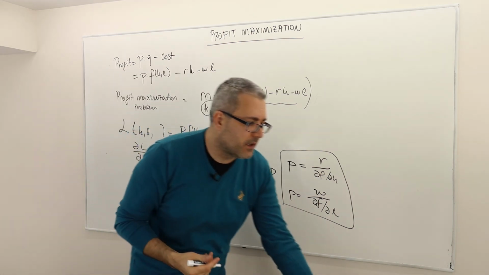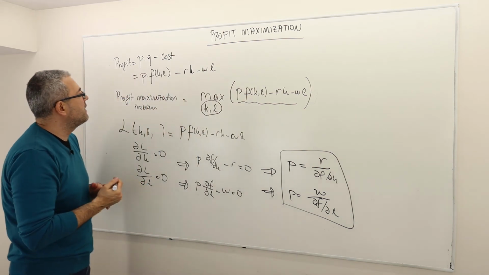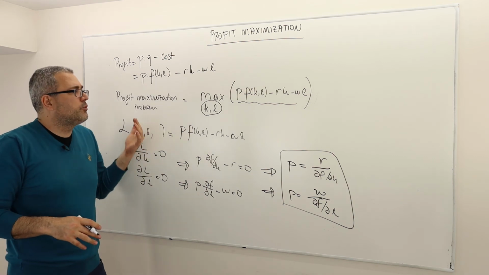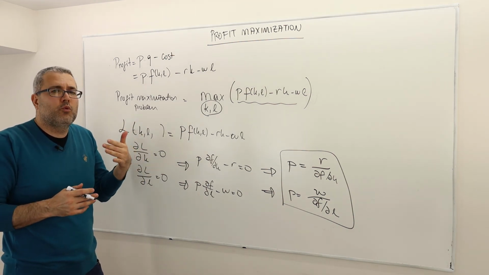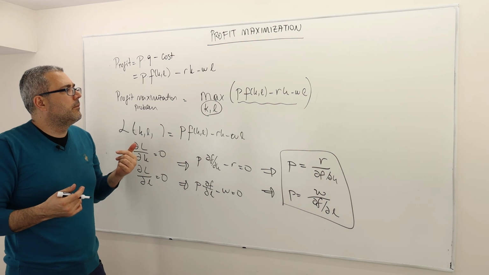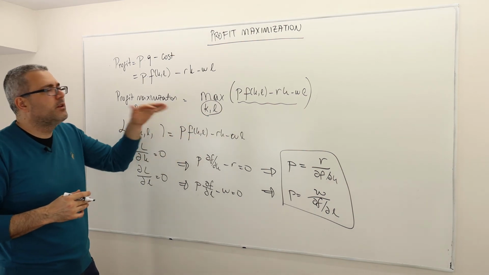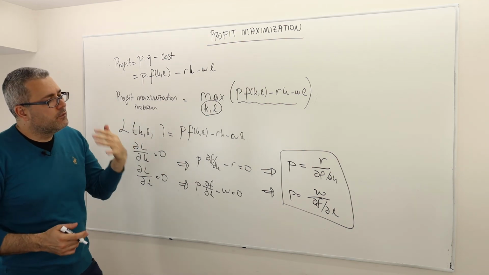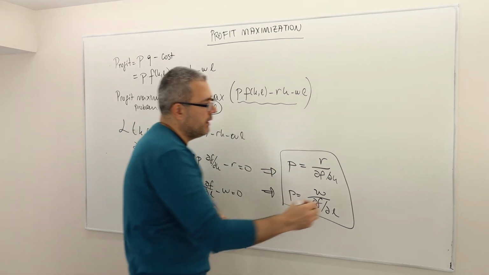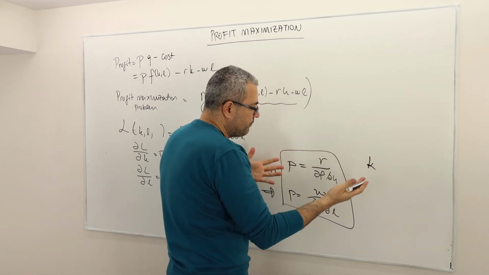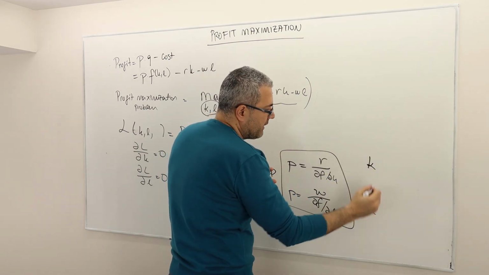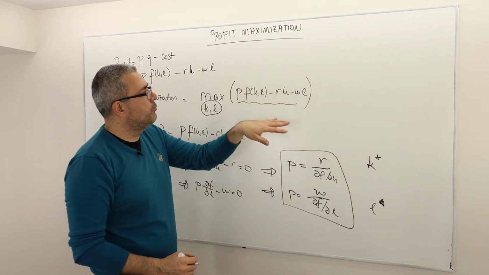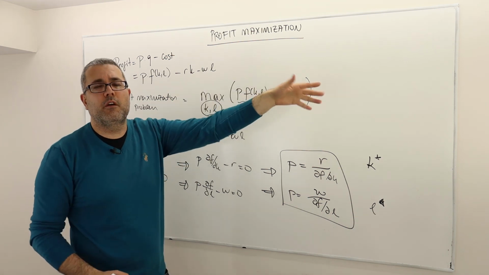And so if you do this exercise, what you basically get is profit maximization, and it's a direct approach because we sort of ignore the step where we minimize the cost. And so we directly find the optimal input levels to find the maximum profit. Well, once you find K and L as the solution of these two equations, you plug them back here, and you're going to get the profit function.